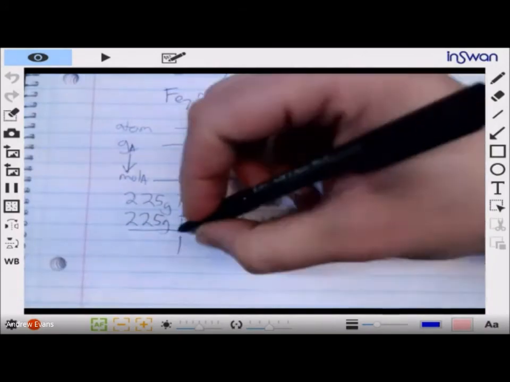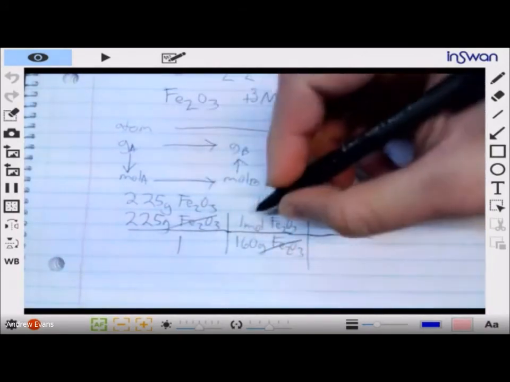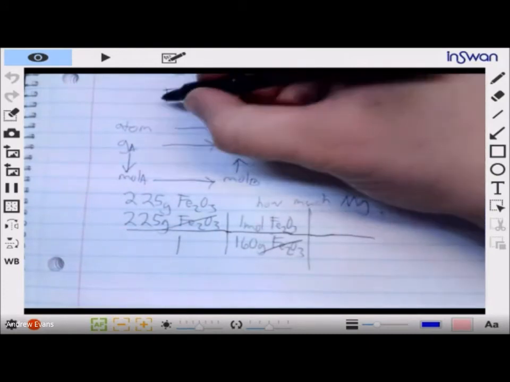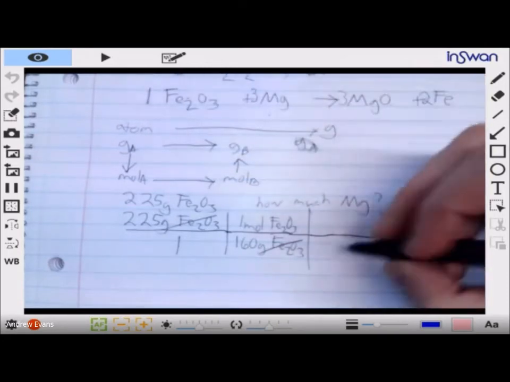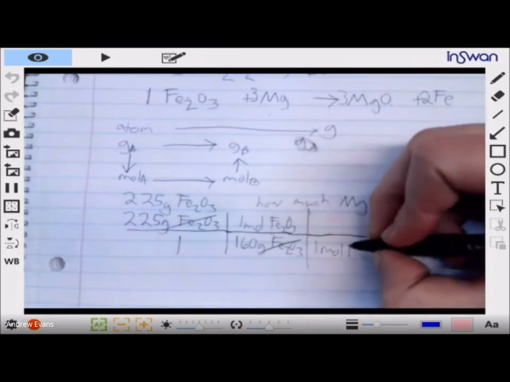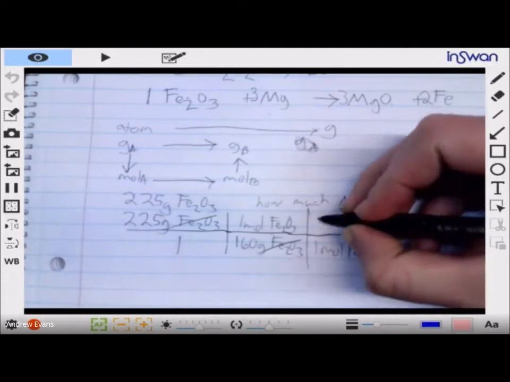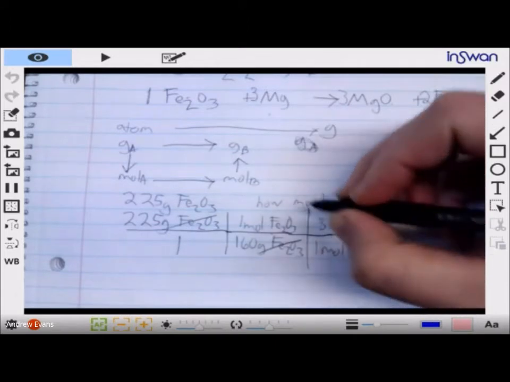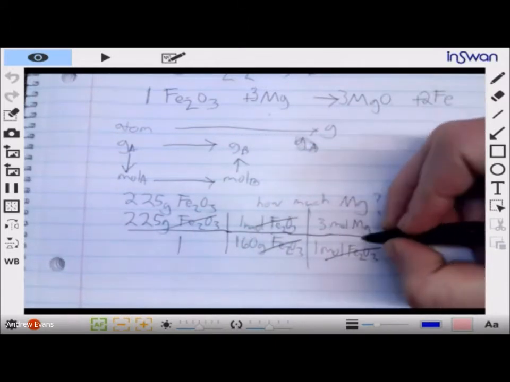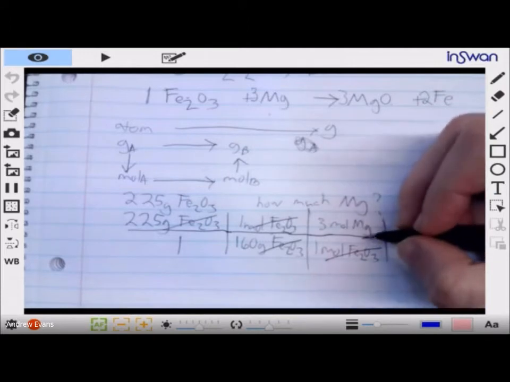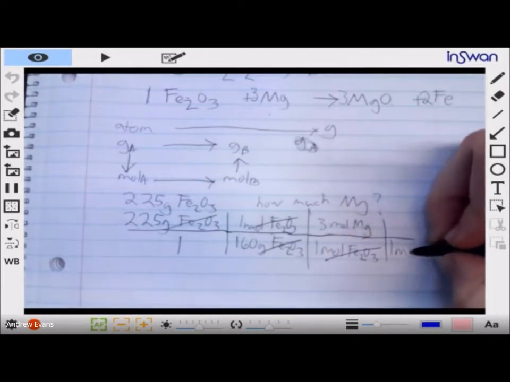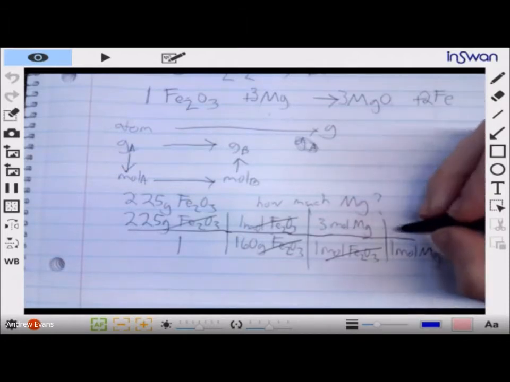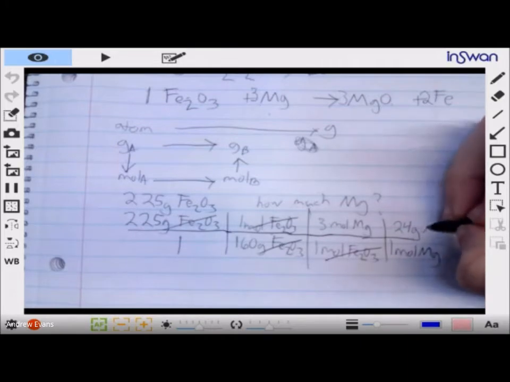Now we will use the balanced chemical equation to figure out how many moles of magnesium will be needed. Well, there's 1 here, there's 3 there. So for every 1 mole of iron oxide that we have, it will require 3 moles of magnesium. And then finally, we need the molar mass of magnesium. 1 mole of magnesium, if I'm not mistaken, is 24 grams.